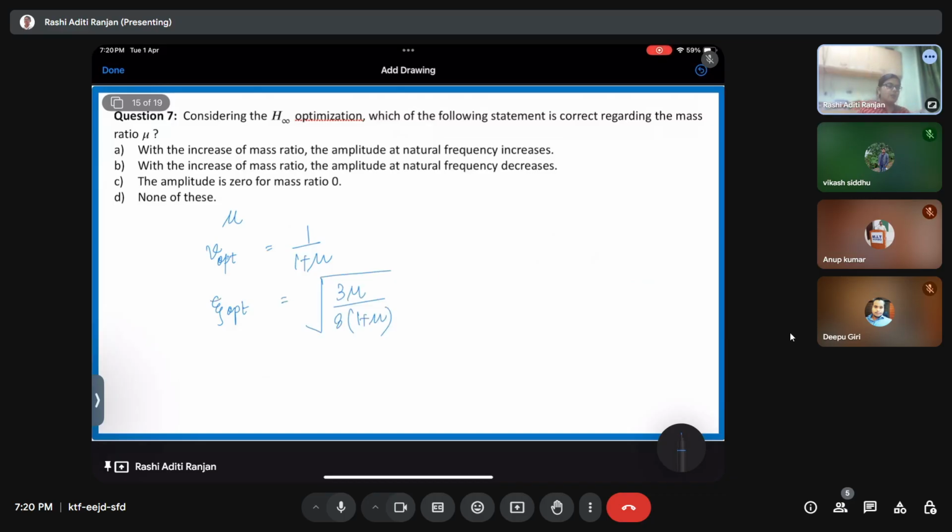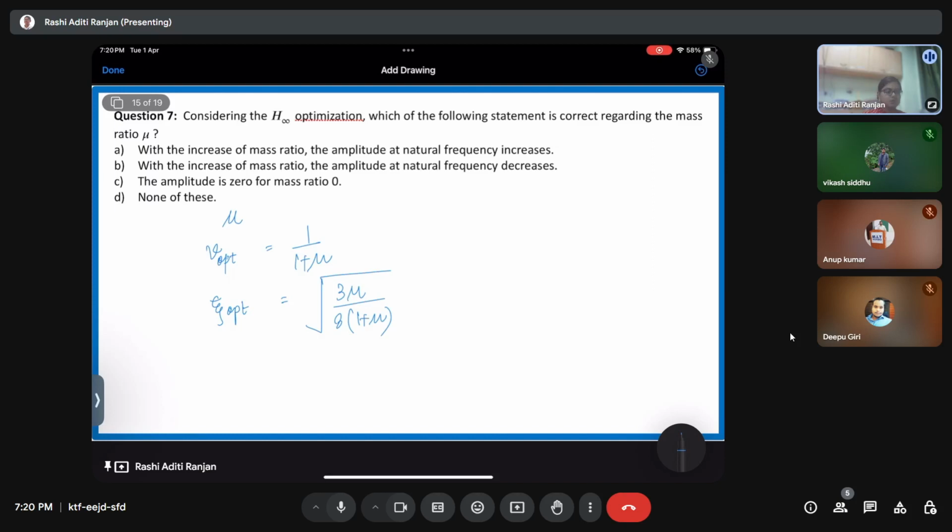Now, if I talk about the optimal frequency ratio, you see, if my mu is equal to 0, what is my optimal frequency ratio? 1, which means that there is no secondary system, right?